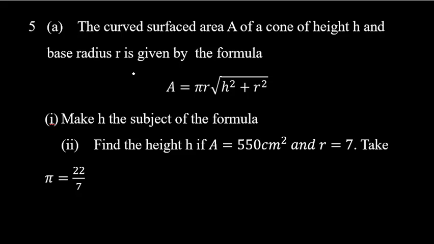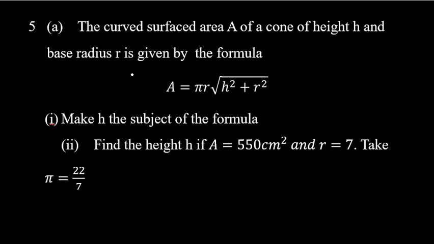I. Make h the subject of the formula. II. Find the height h if A is equal to 550 centimeters squared and r is equal to 7. Take pi to be equal to 22/7.